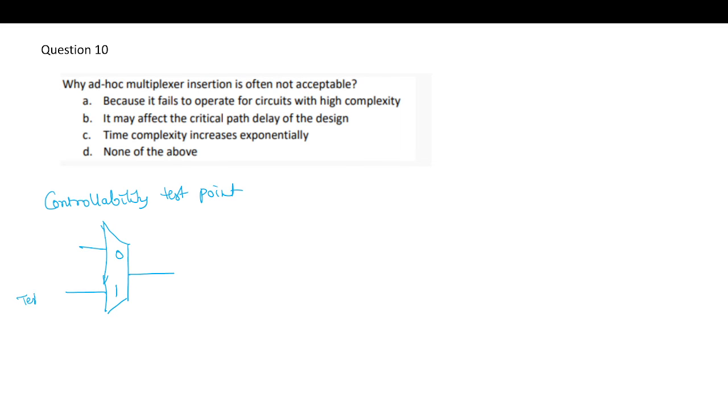Here we have the test data input. Again we need to select it, so it's between the test mode and the functional mode and normal system data. And this is that internal node that we want to control.